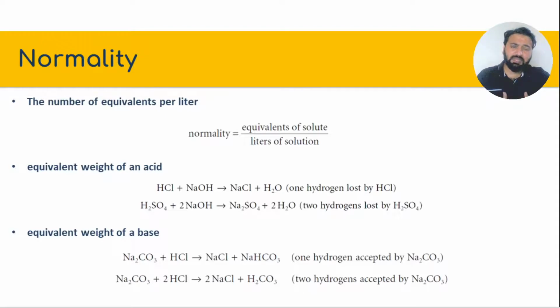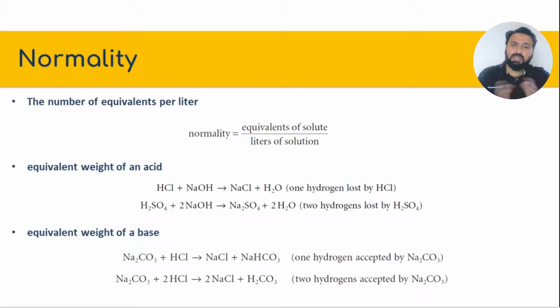Again I am repeating, the equivalent weight of an acid in an acid-base neutralization reaction is defined as the formula weight divided by the number of hydrogens lost per formula of acid in the reaction.